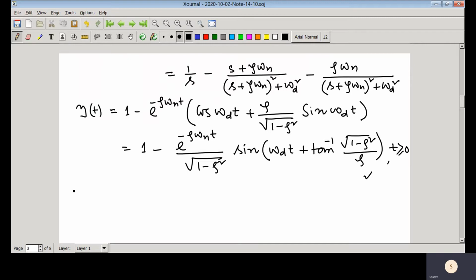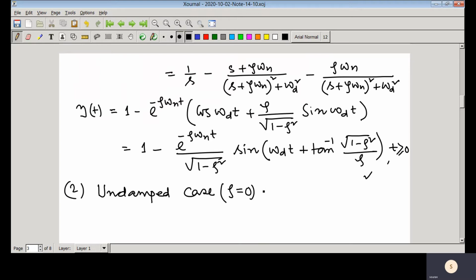The second case is the undamped case. Undamped means there is no damping, that means the damping ratio would be equal to 0. So the damping factor is equal to 0.